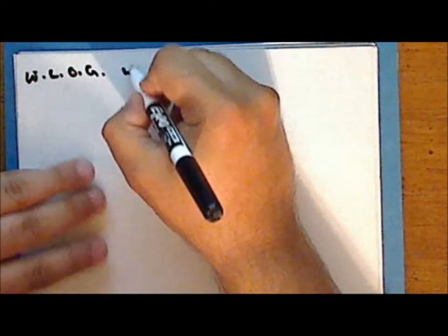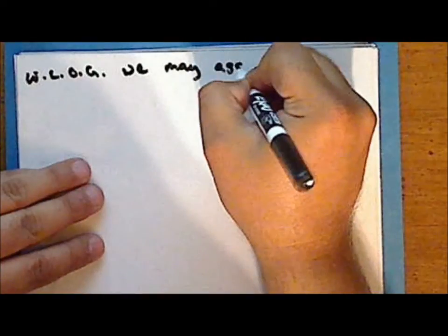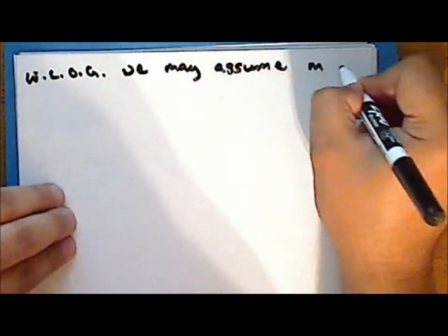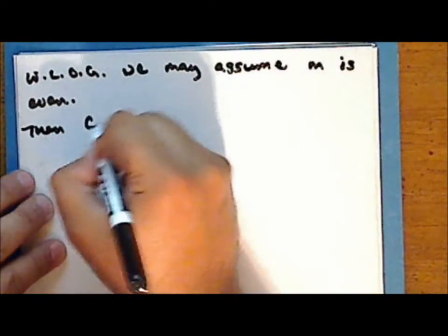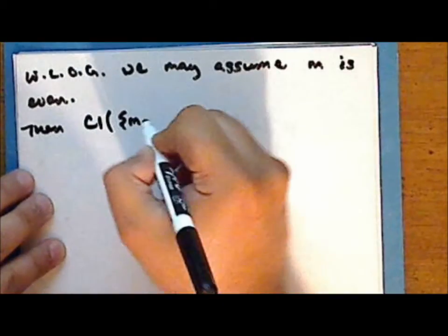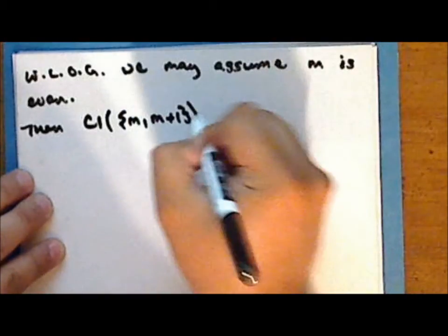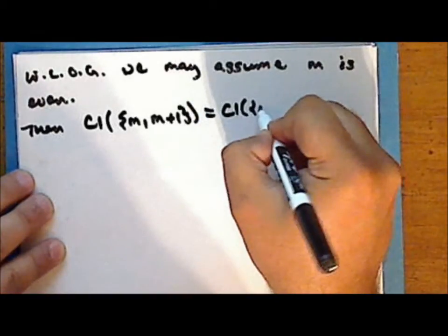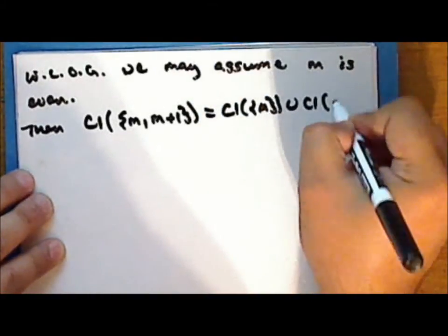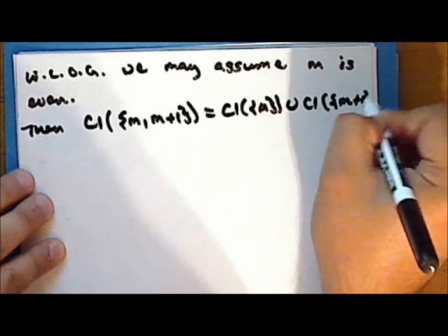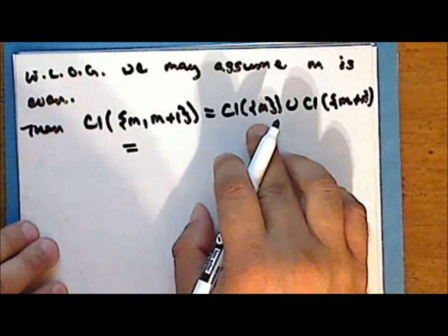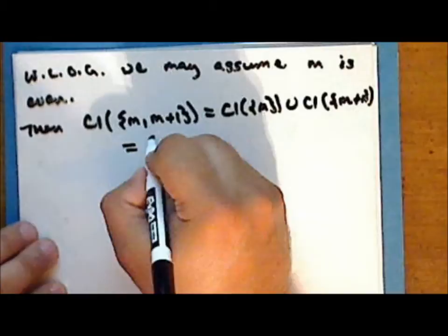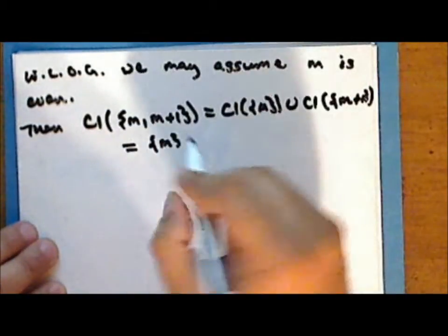Now, without loss of generality, we may assume that the integer m is even, then the closure of the 2-point set containing the integers m and m plus 1 is the union of the closure of the singleton containing m with the closure of the singleton containing m plus 1. As the integer m is even, the closure of the singleton containing that is the singleton containing that even integer.